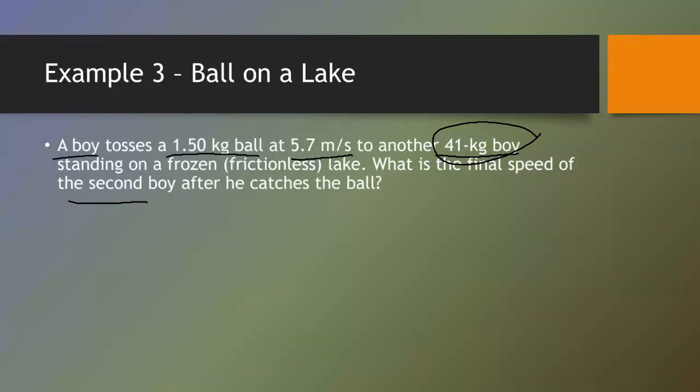The first boy throws the ball at a speed of 5.7 meters per second. The only initial momentum in the system comes from that ball. So the mass of the ball times the initial velocity, or 1.5 kilograms times 5.7 meters per second.